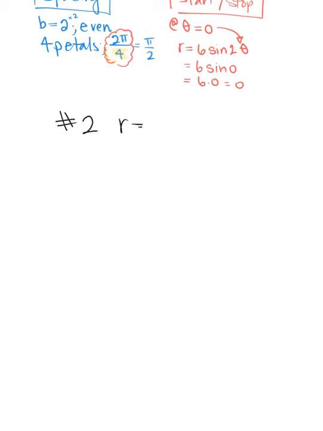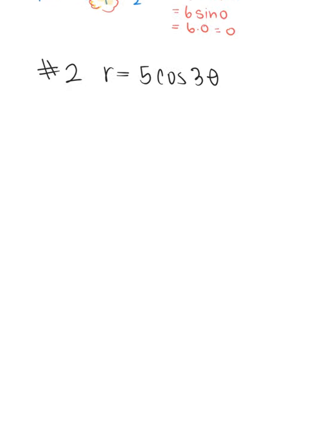So we're going to do r is equal to 5 cosine of 3 theta. Okay, so I know I have a petal graph because there's no addition or subtraction. On a petal graph, the first thing I always want to do is find the location of my first petal.